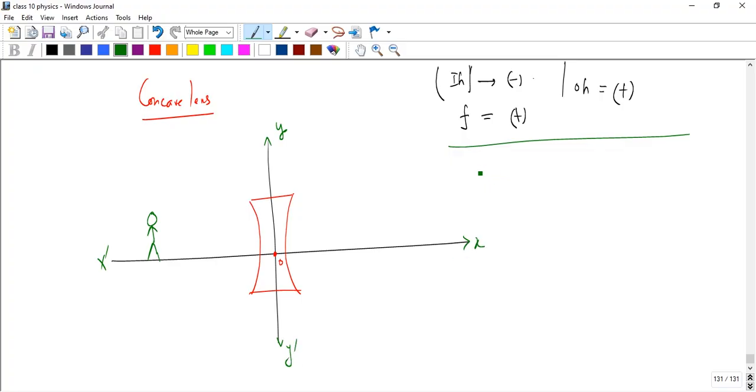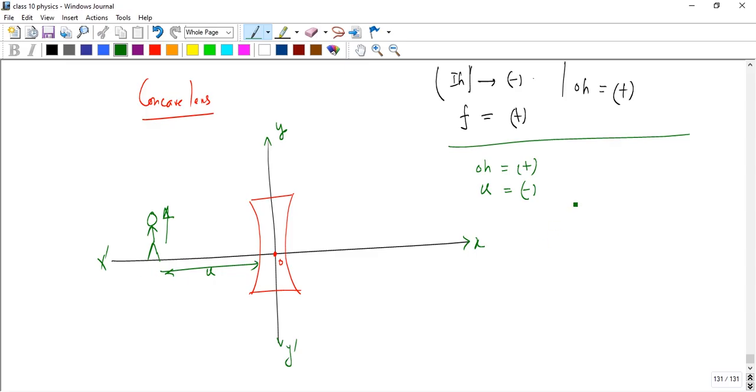So the object height is positive and the object distance u is negative, because it is on the minus x line.